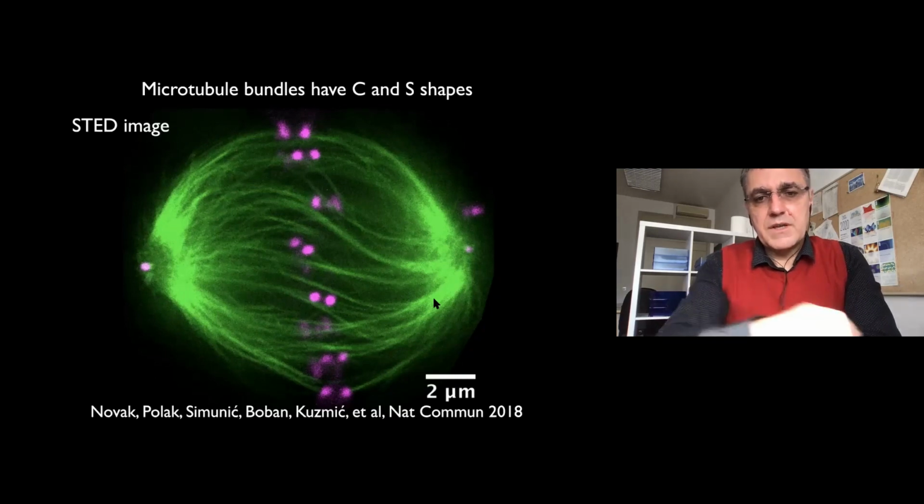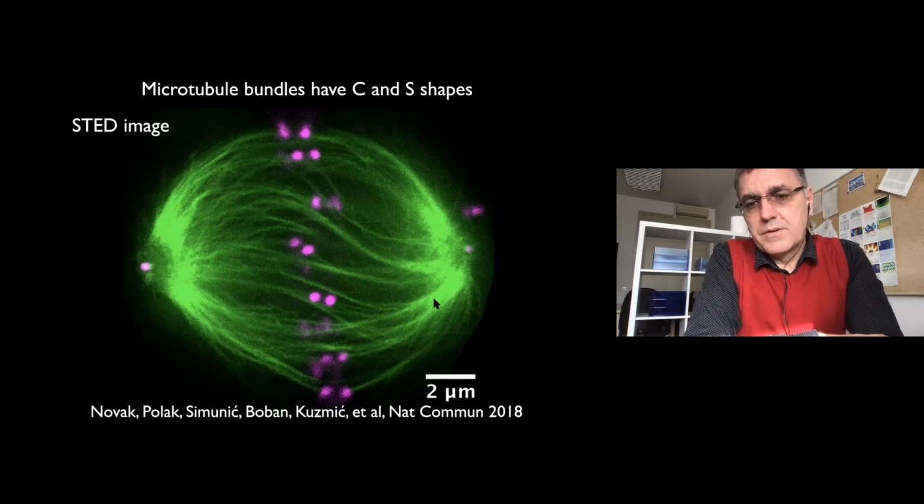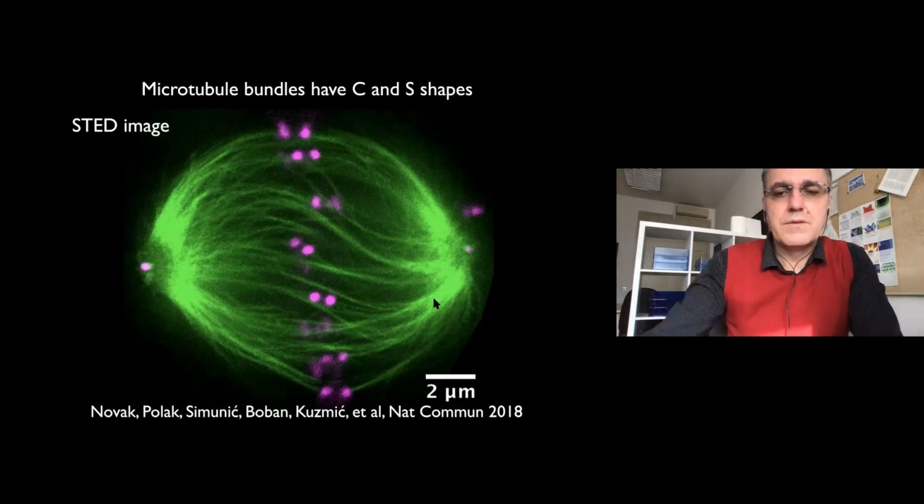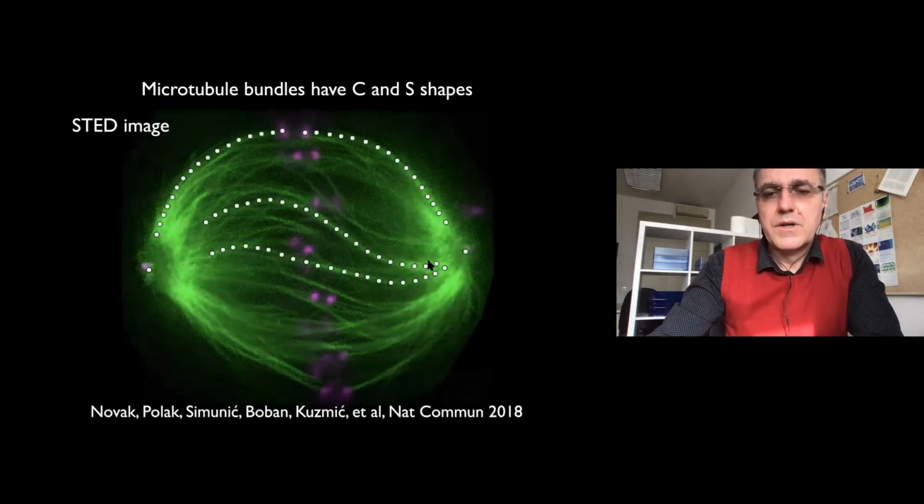Of course, there is already a variety of these shapes, and our question was, maybe these shapes are not two-dimensional. Sorry, I just wanted to point out once again what I have shown before related to S shape and C shape.